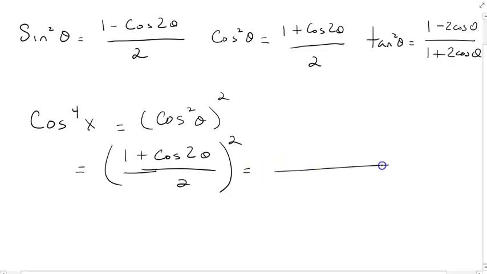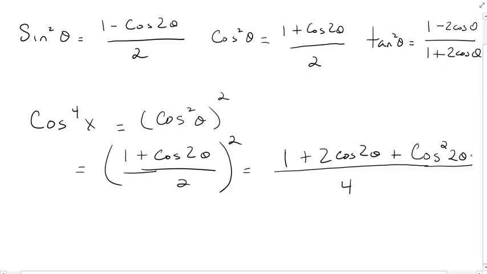When we square that, of course, we get a 4 in the denominator. When I square 1 plus cosine 2 theta, I square the first term, I get 1. Then 1 times cosine 2 theta doubled is going to give me 2 cosine 2 theta. And then I square cosine 2 theta, so of course that gives me cosine squared of 2 theta.